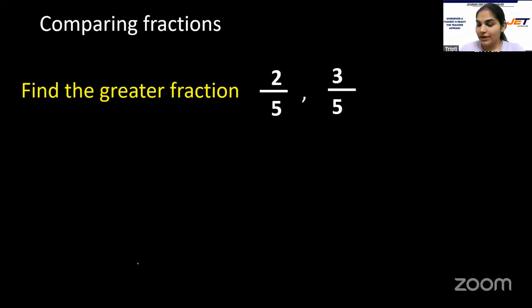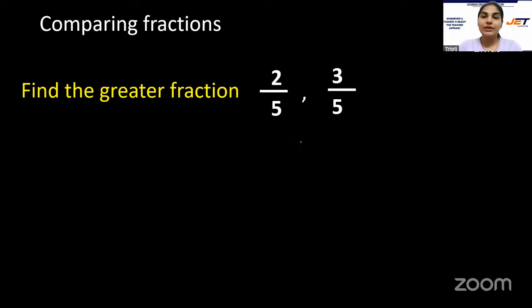Okay. So here we are supposed to find the greater fraction. Now, if you see this, children, here the denominators are same. These are like fractions. Okay, 2 by 5 and 3 by 5. We are supposed to tell the greater fraction. So let's see how to do it. If the denominators are same, just see the numerator.